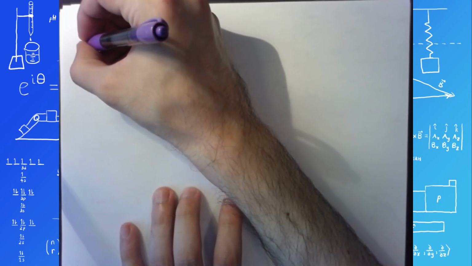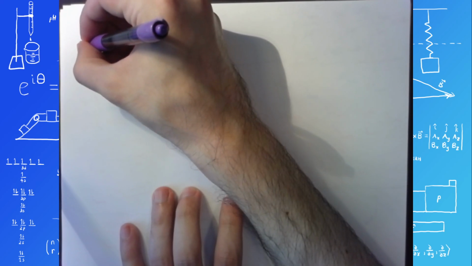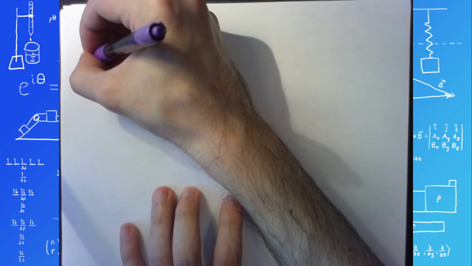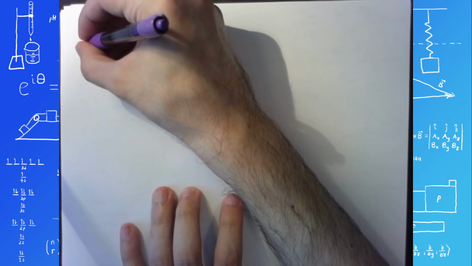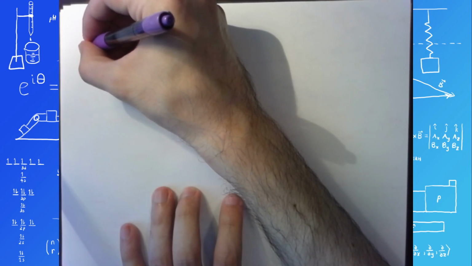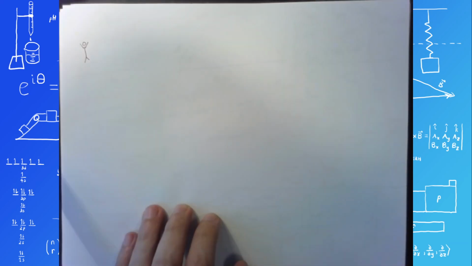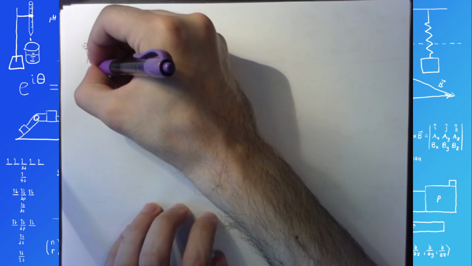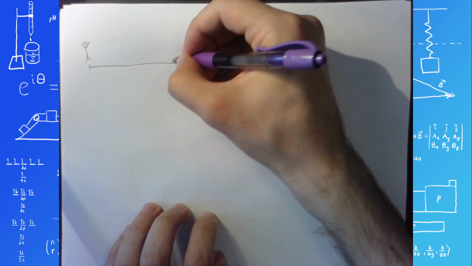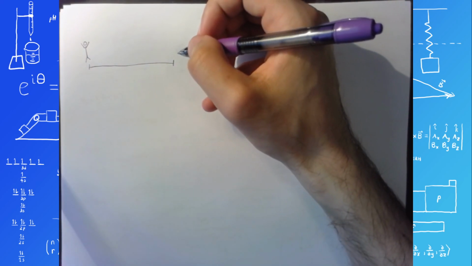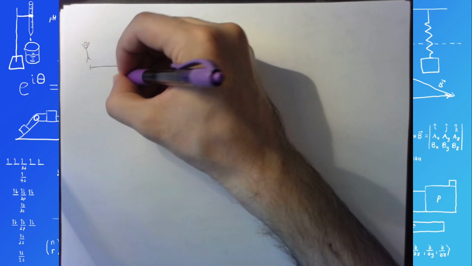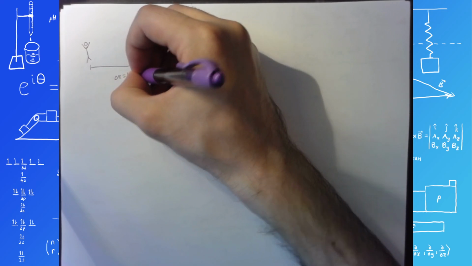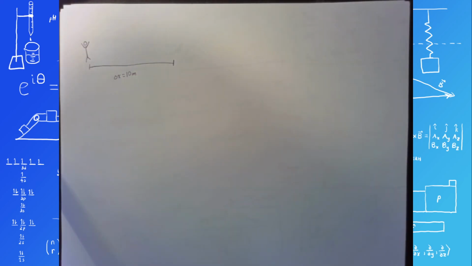So they have a basketball player, hands in the air, they just tossed the basketball. They're standing delta x equals 10 meters away from the basket.